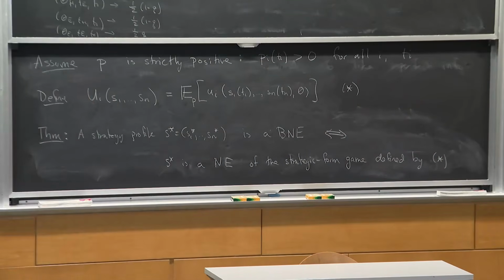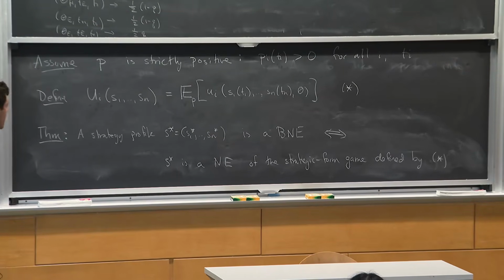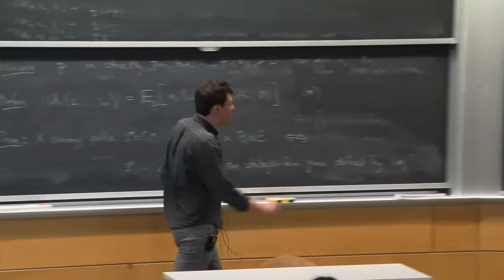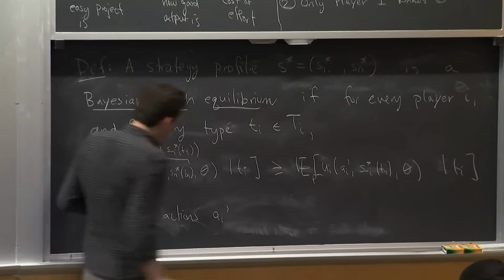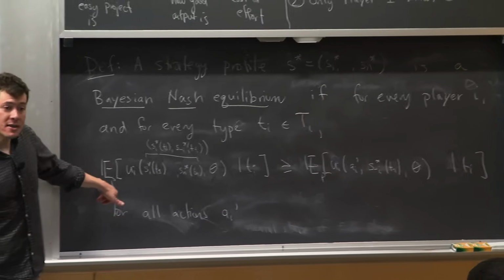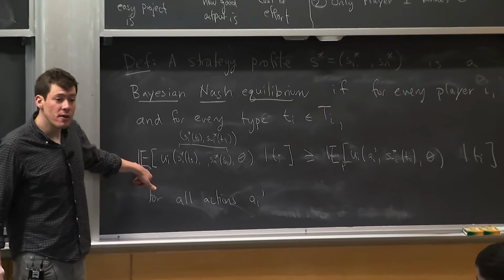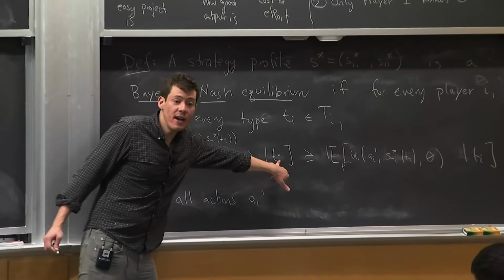And I think this is a good homework exercise to go through and verify this. Yes? Why is it defined over P? I mean, all of these are implicitly defined over P. Maybe I'll put P here. But the point I was trying to make is that this is a conditional expectation using conditional probabilities given t_i.